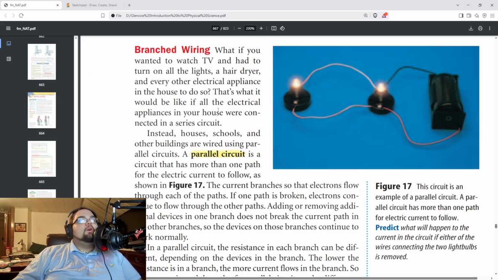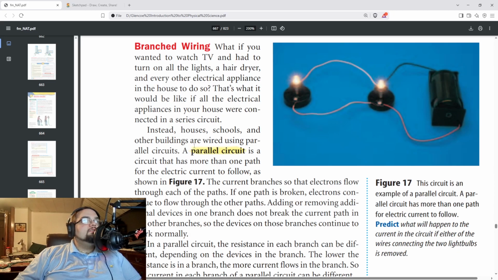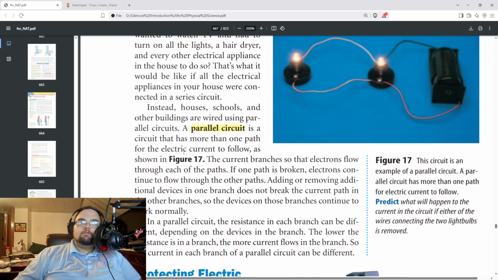That's what it'd be like if all the electrical appliances in your house were connected in a series circuit. But schools, houses, and other buildings are wired using parallel circuits.